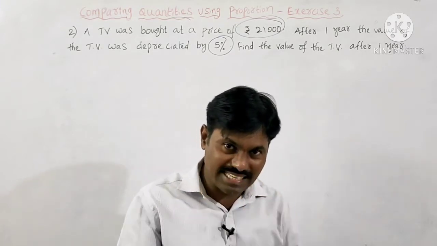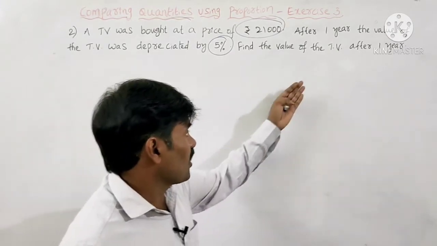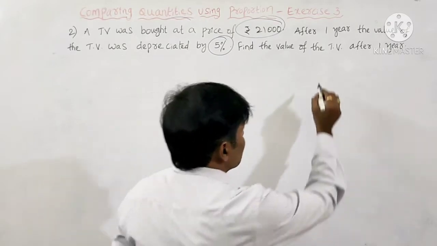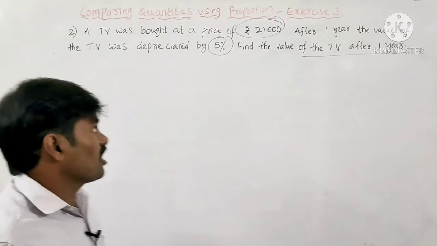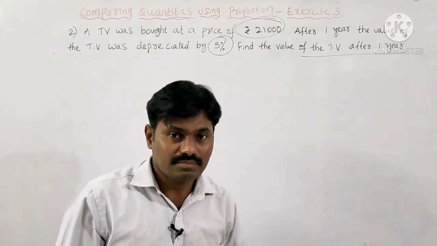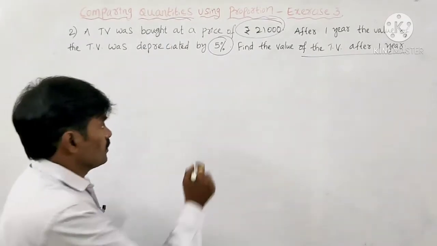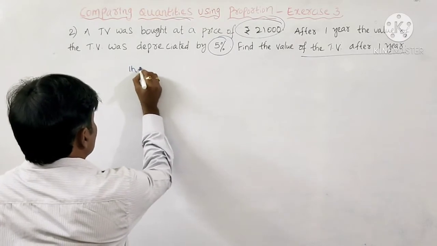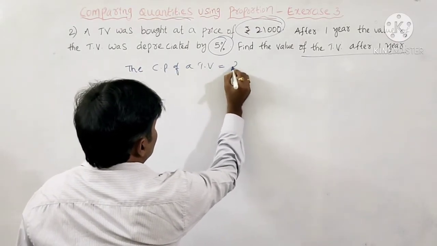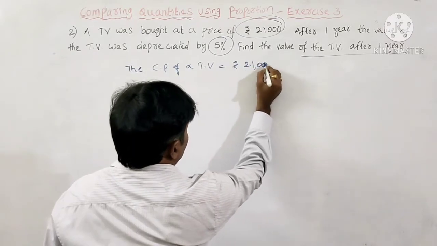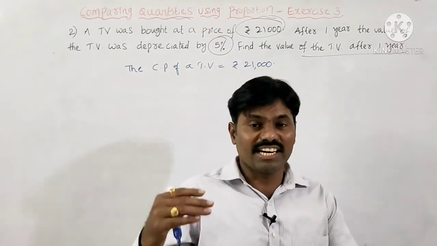The value will decrease. Now they ask us to find the value of the TV after 1 year. First of all, what is the cost price of this TV? 21,000 rupees.